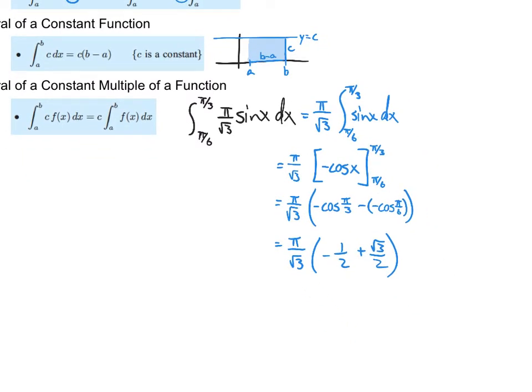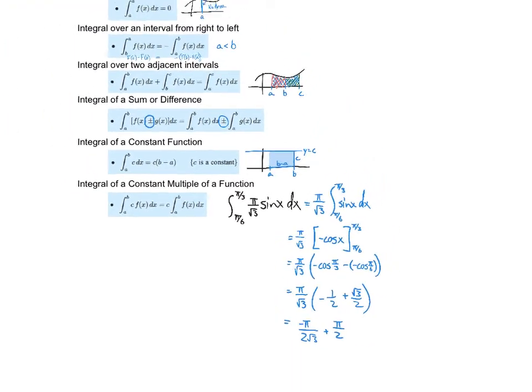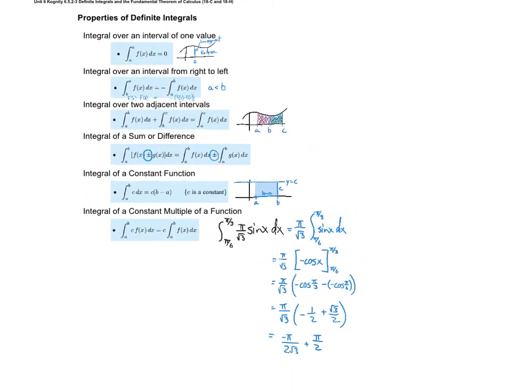So now I'll multiply by that pi over root 3. So I have negative pi over 2 root 3 plus pi over 2. But notice I didn't have to mess with that while I was doing the whole integral. I pull out the constant multiple, and then I can multiply by it at the end.